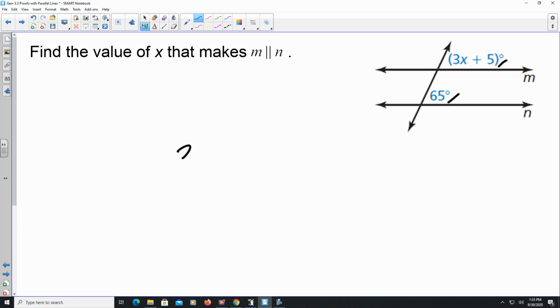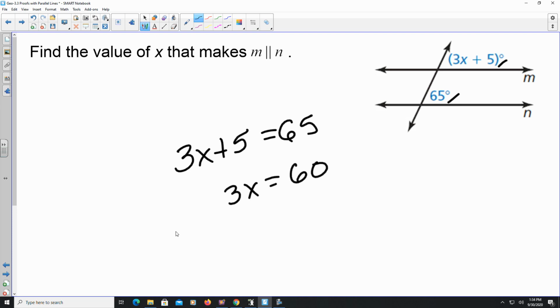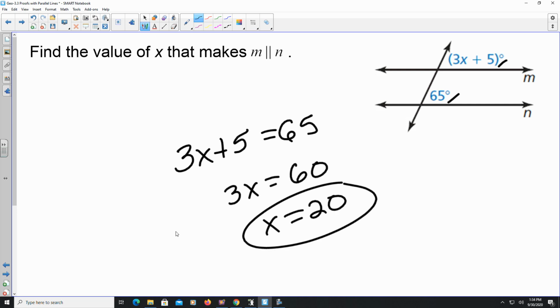So we're going to have to say that 3x plus 5 is going to be set equal to 65. To find that, we have to do some algebra. When we subtract 5 from both sides, I get 3x is equal to 60, and then 60 divided by 3, I get x equals 20. So x would have to be 20 in order for m to be parallel with n.